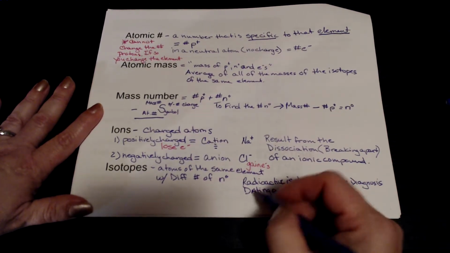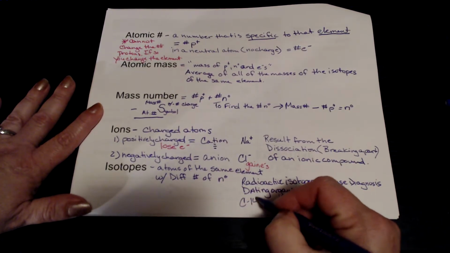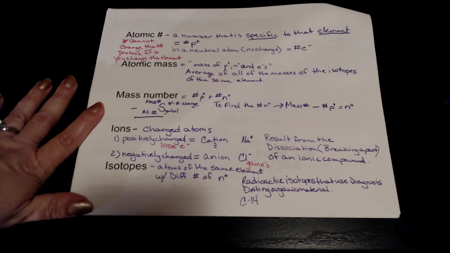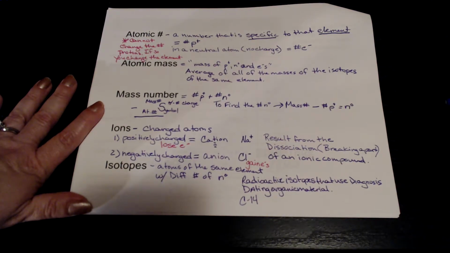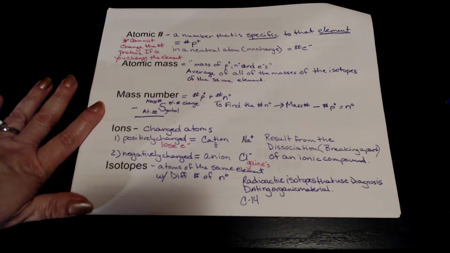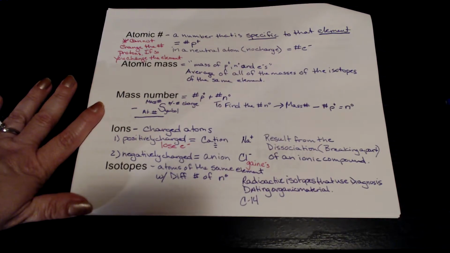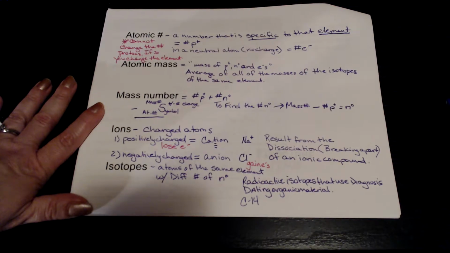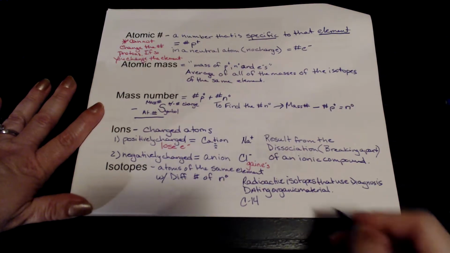So for example, carbon-14, I think you all remember, is for carbon-14 dating, where we can take the radioactive half-life of carbon-14, and be able to count back how many years old something is by looking at the percentage of carbon-14 that's present in the mass of that object.